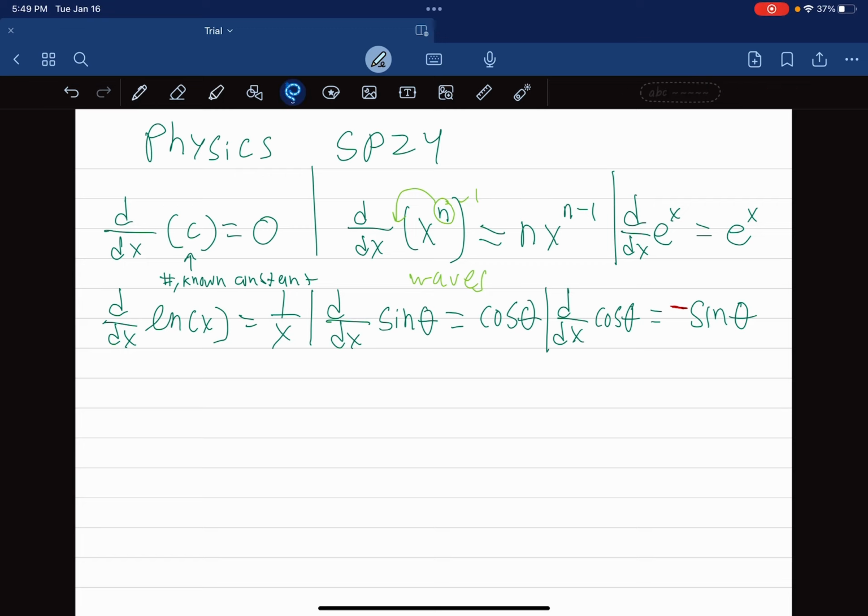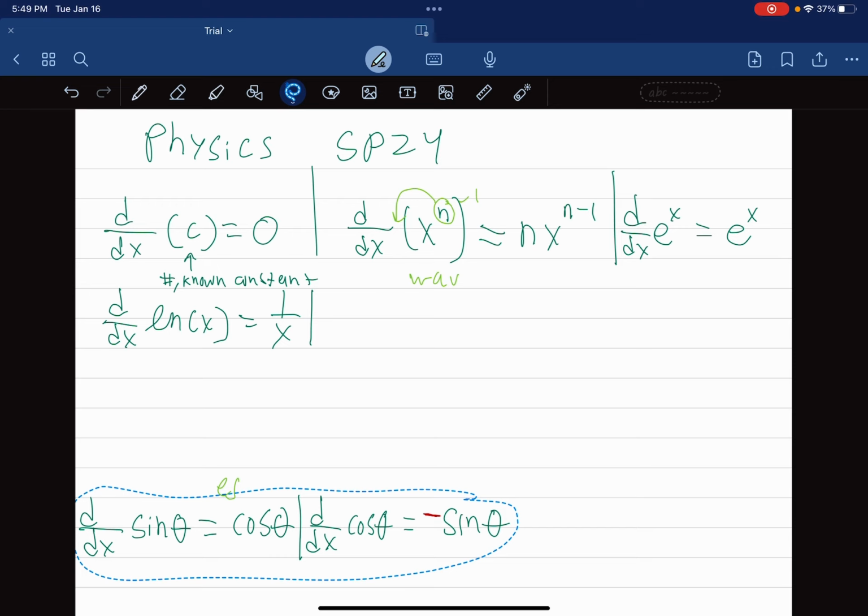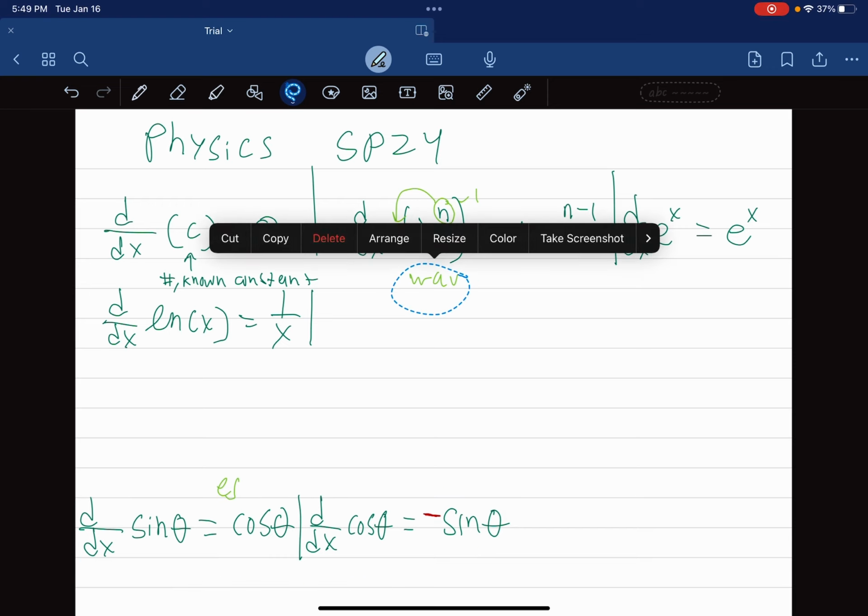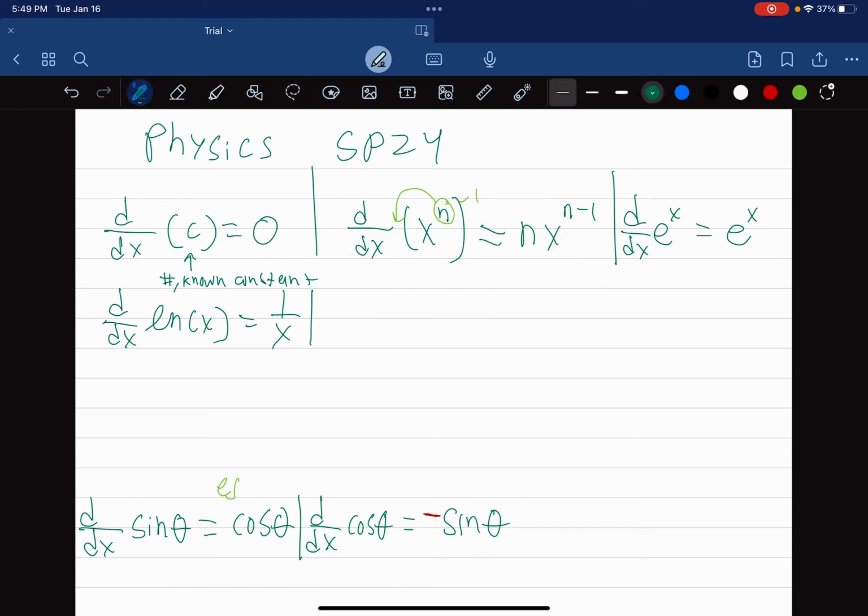Move this down. So another one is d over dx for the square root of x. That one always seems to trip people up. The way I like to do this is I turn that into x to the 1 over 2. And then I use this power rule here.